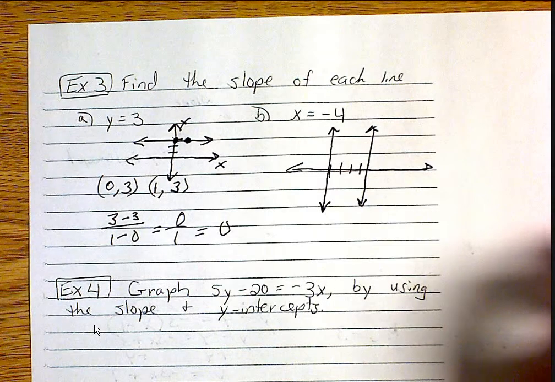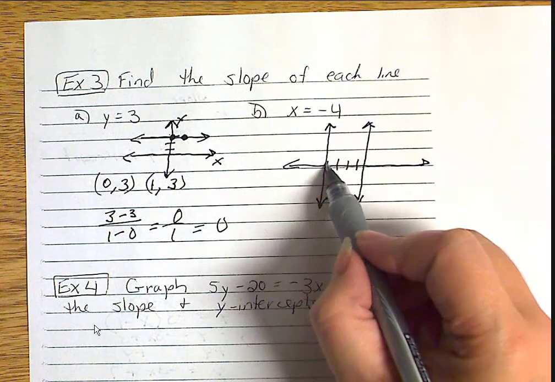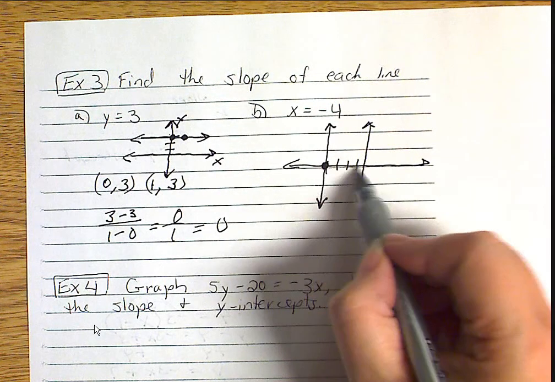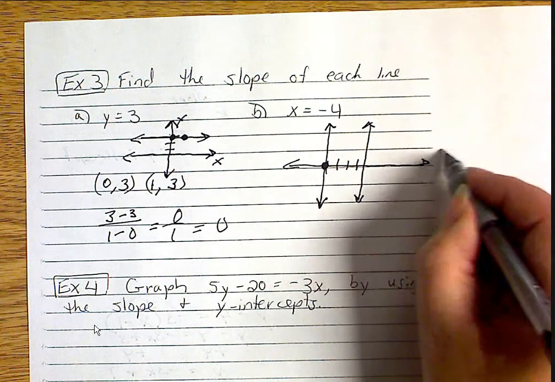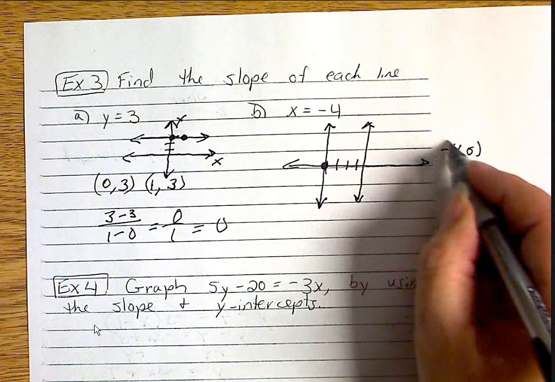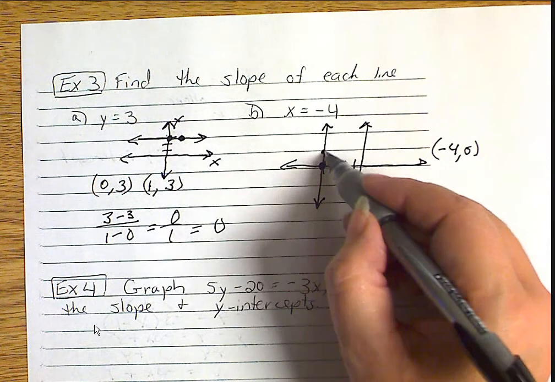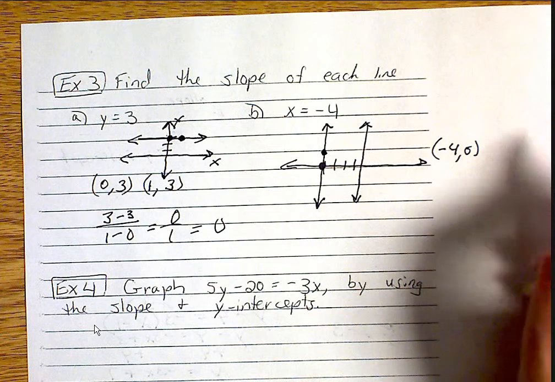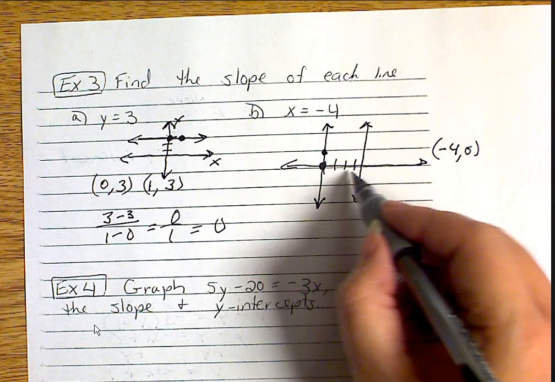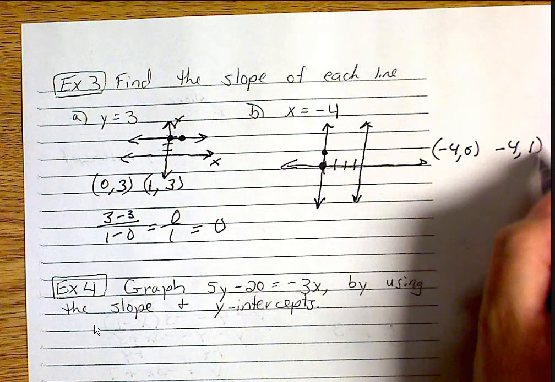All right. So we have this point. This point right there is -4, 0. Dylan, tell me another point on this line. What could this point be right here? -4, 1. So again, you always subtract your y's.